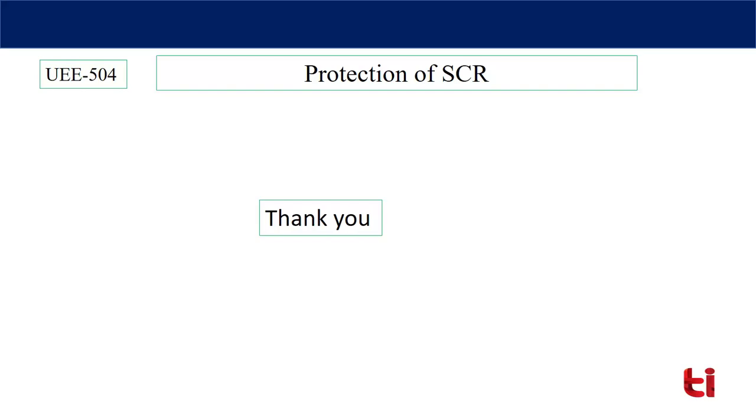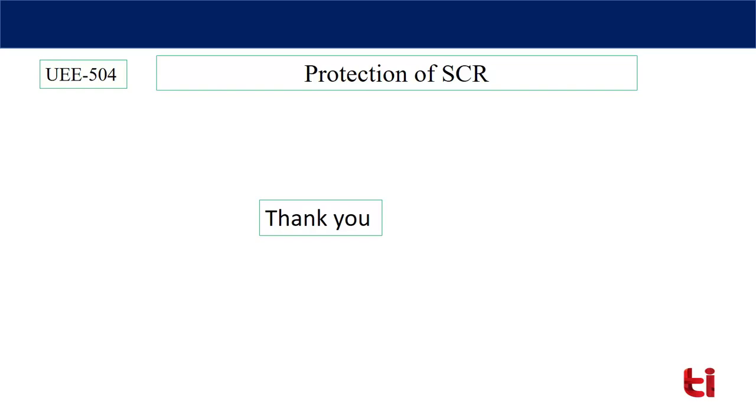So today we have discussed di/dt and dv/dt protection of SCR. To protect the SCR from di/dt, an inductor is connected in series with the SCR, and to protect from high dv/dt, a capacitor is connected in parallel with the SCR. To limit the discharging current, a resistance is connected in series with the capacitance.